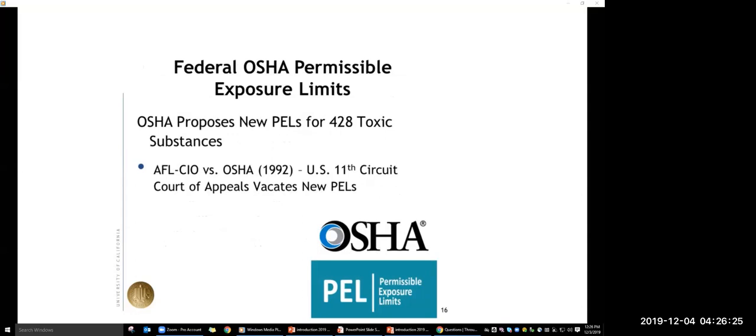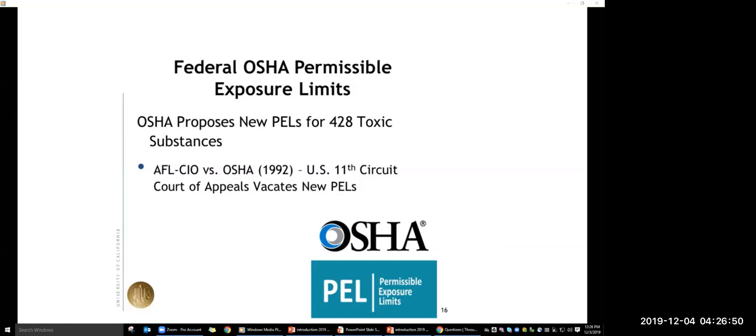This became the basis for the OSHA PEL table in Title 29 Code of Federal Regulations, Section 1910.1000. In 1989, OSHA attempted to update its PELs and adopt new PELs for 164 new chemicals and revise the PELs for 212 chemicals.